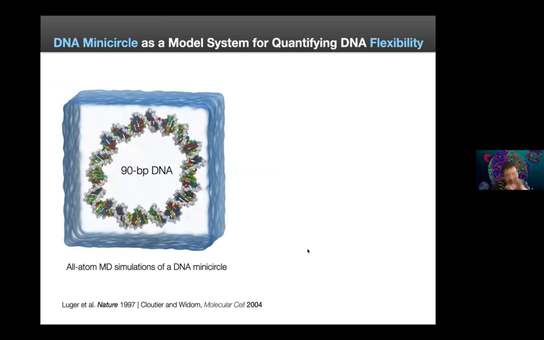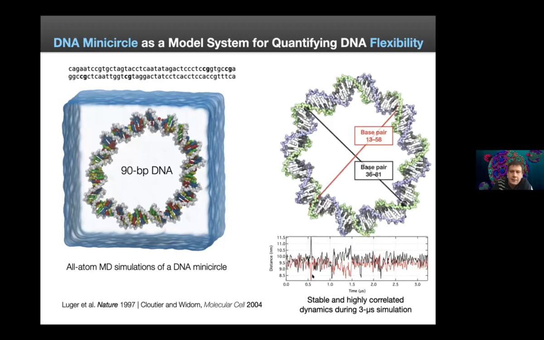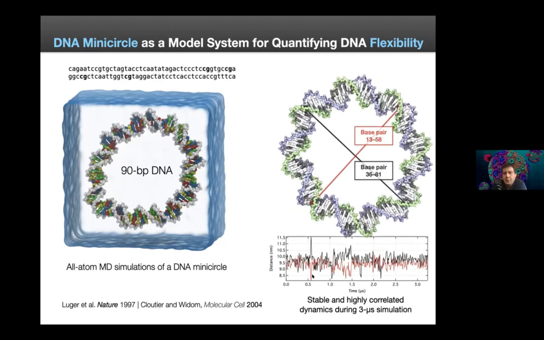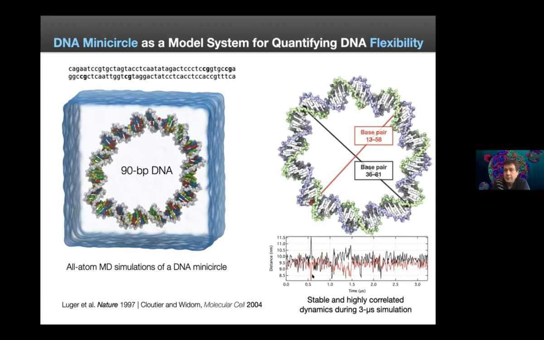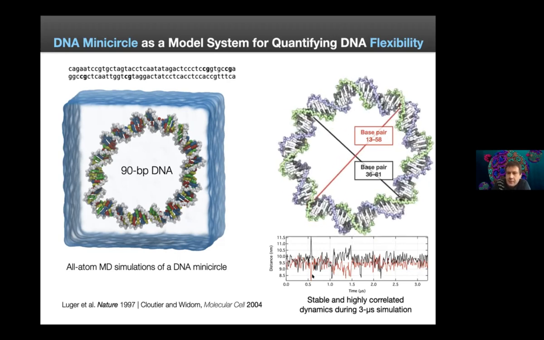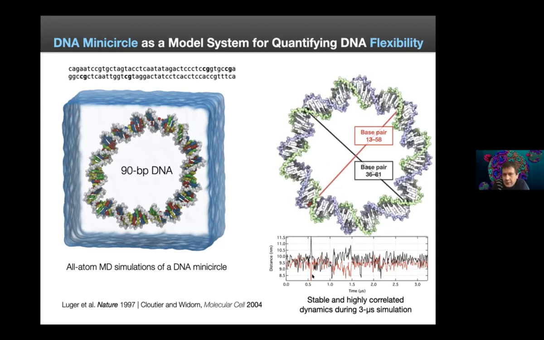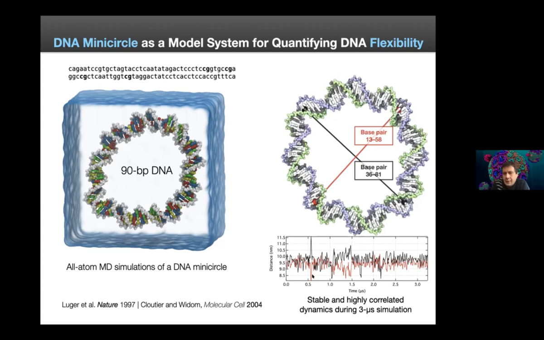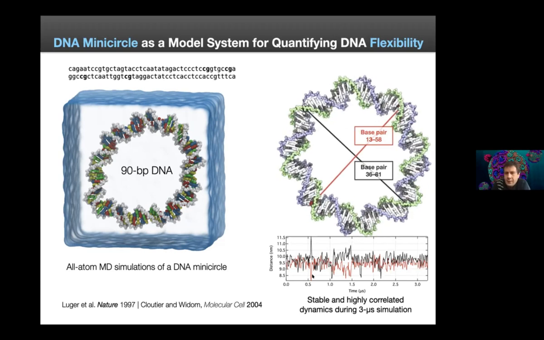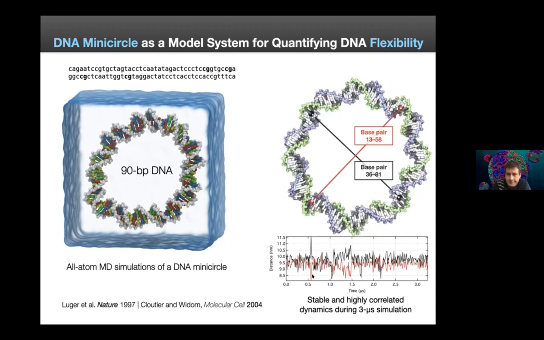We have a nicely formed loop in a box of water, with water, ions, everything in there, and we run it. In this plot of the two distances, the point is that it actually stays looped.